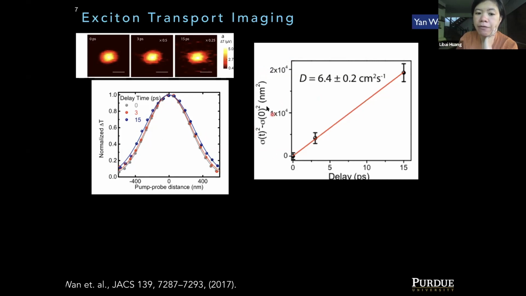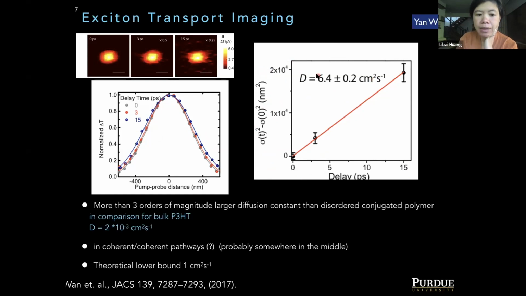If you plot the variance of the Gaussian as a function of time, the slope will give us twice the exciton diffusion constant. In this way, we can extract the exciton diffusion constant to be around 6 centimeters squared per second. This is quite remarkable, because it is much higher than something like a rare disorder polymer like P3HT, which is 3 orders of magnitude lower.